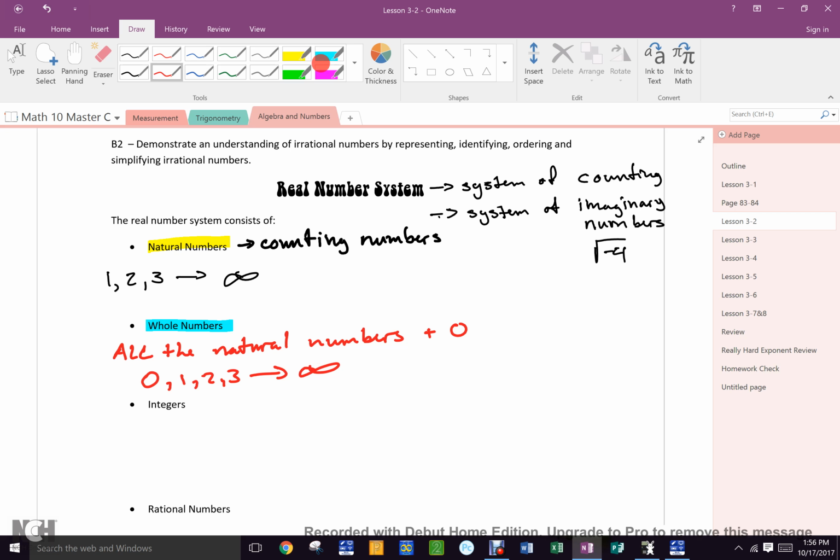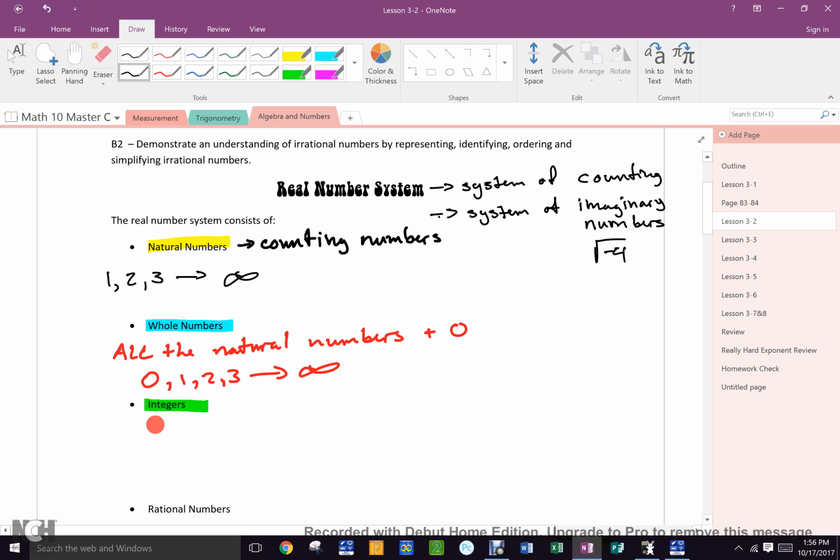Okay. Third thing. Integers. Integers, you guys are smart kids. If whole numbers include natural numbers, do integers include whole numbers? Yes. And then do integers also include naturals? Yes.